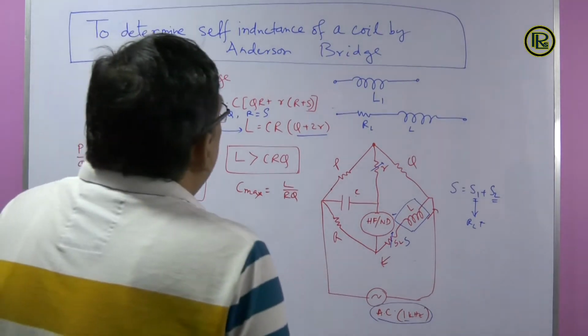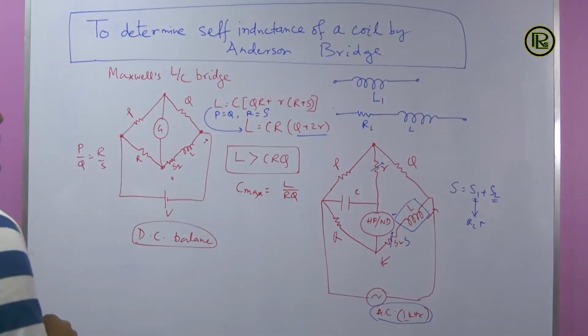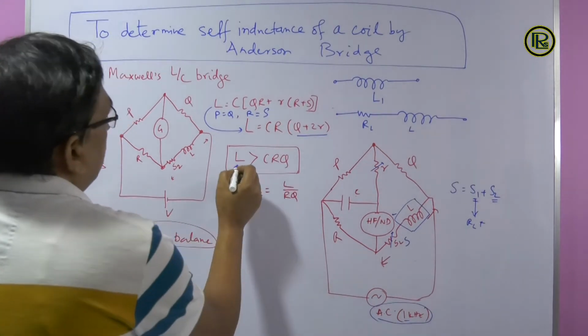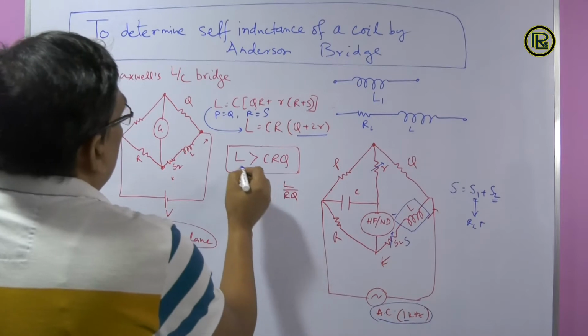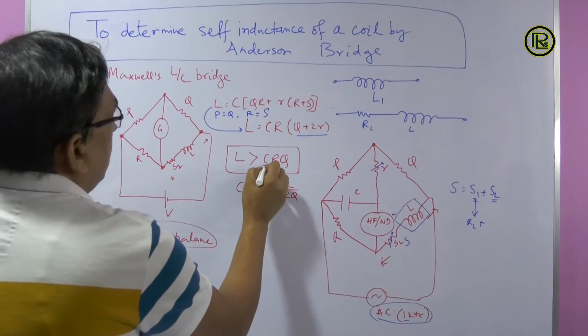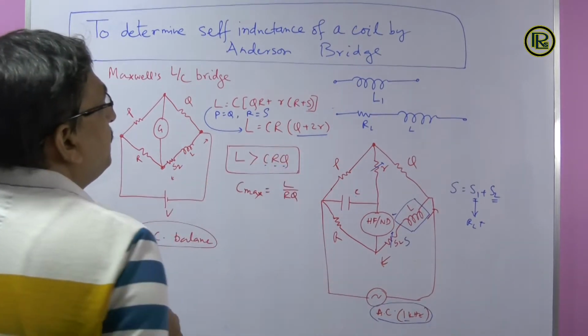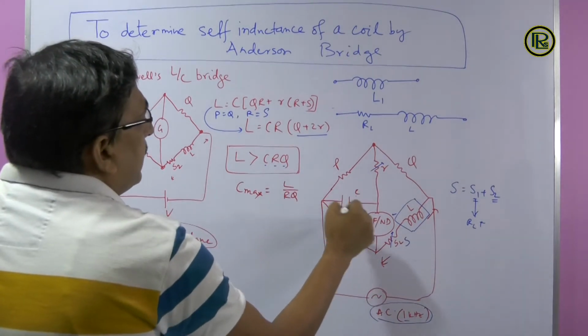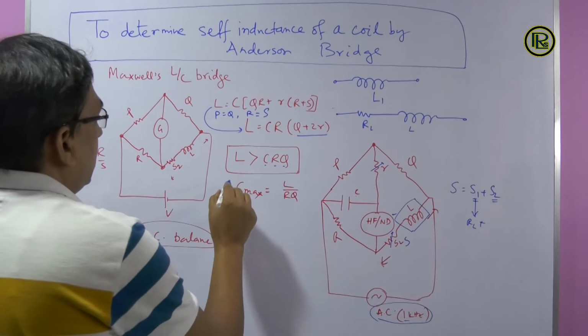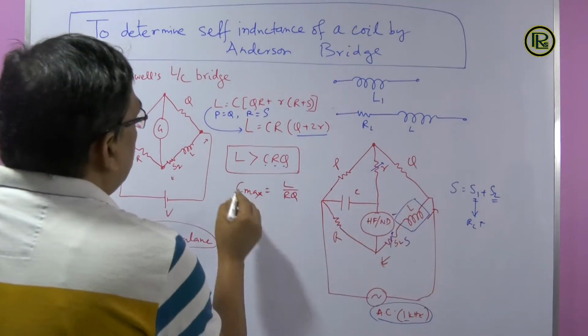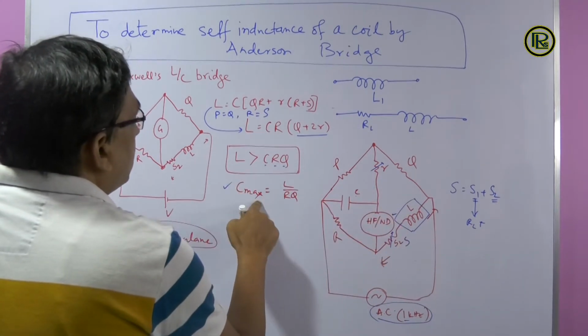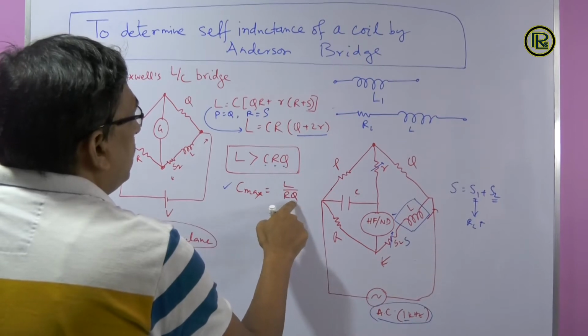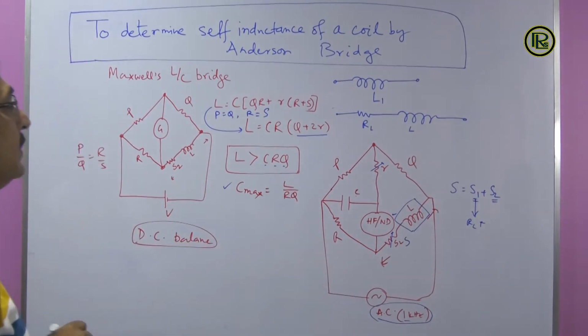The balance condition holds good when this L value is greater than C into R into Q. The maximum capacitance value that can be used for this experiment is related to the L value by this formula: C max is equal to L upon R into Q.